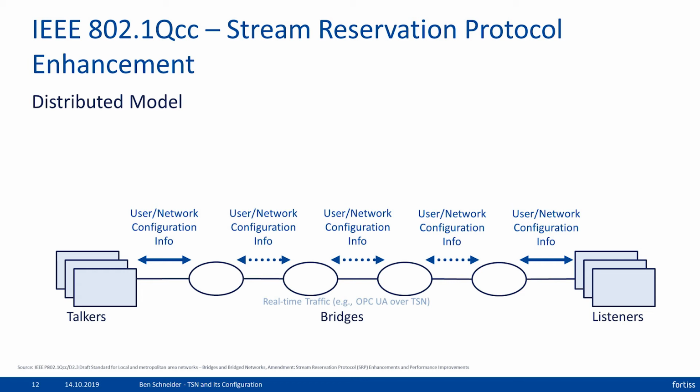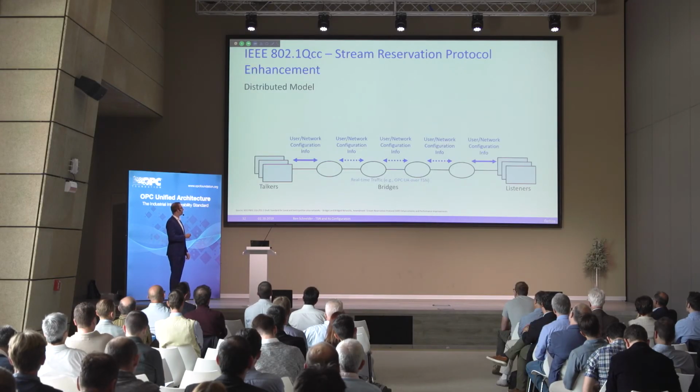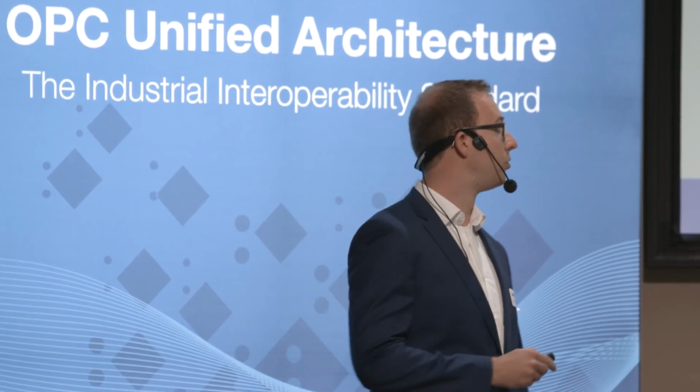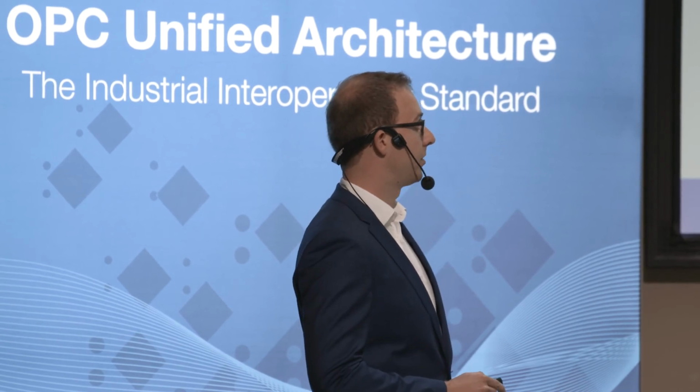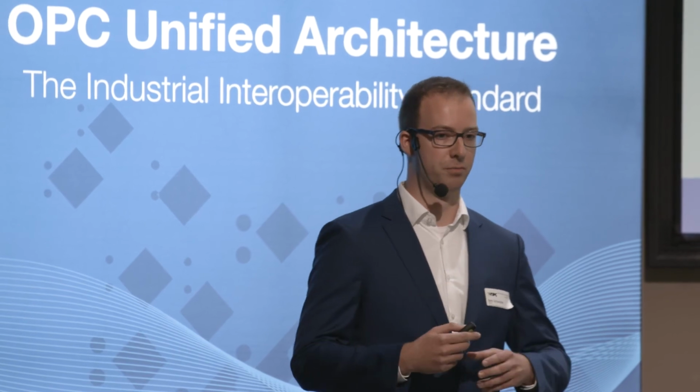So if a talker wants to communicate with a listener, it will basically send the configuration requirements, meaning the latency requirements that the specific stream has, to the different network devices. And once a device receives such configuration requirements, it will configure itself.